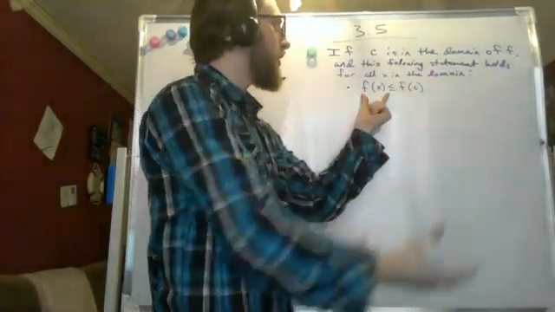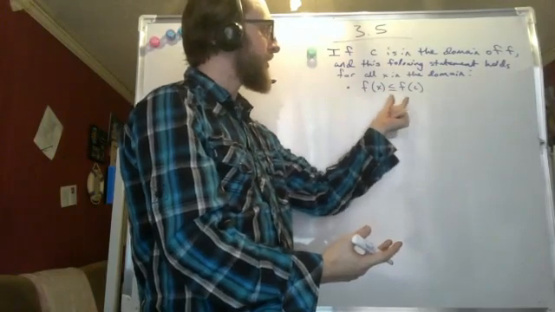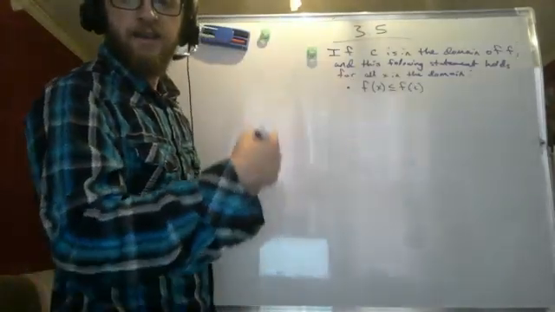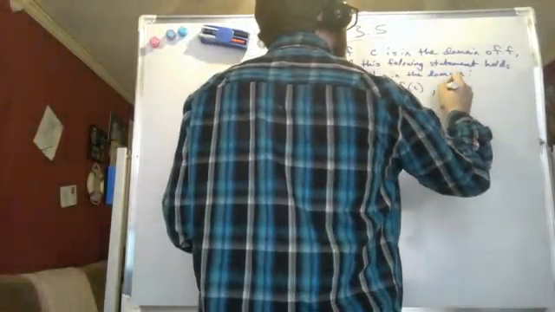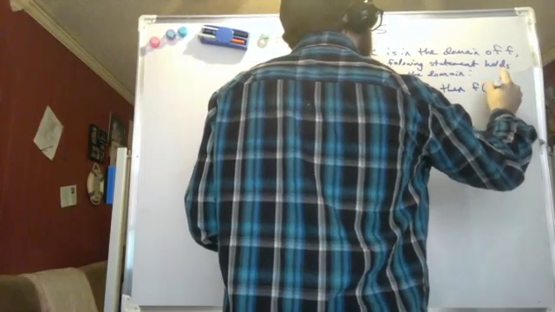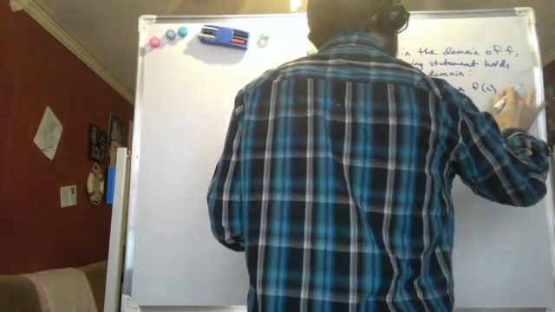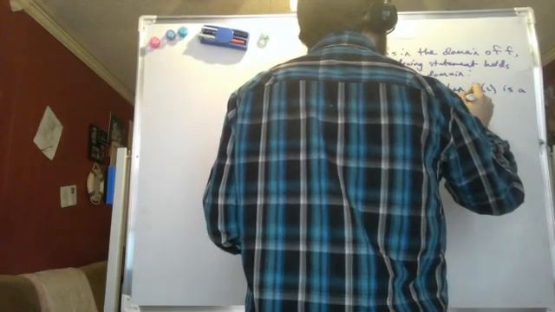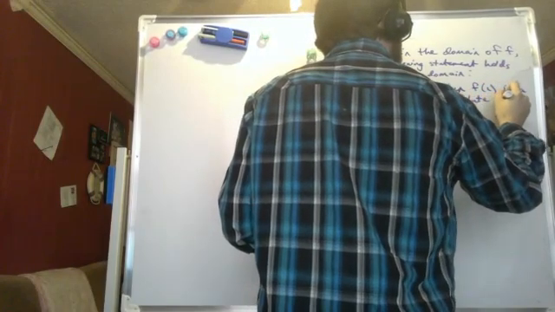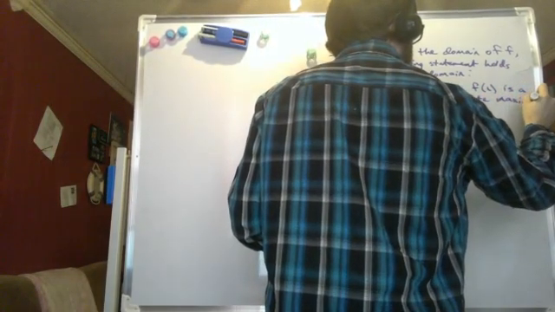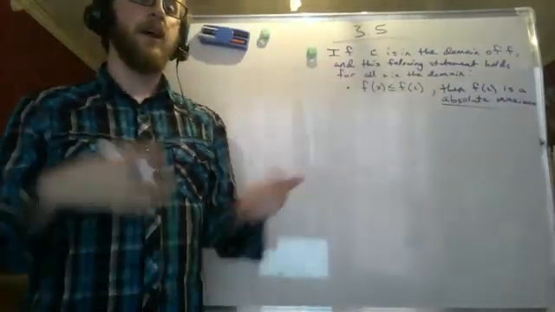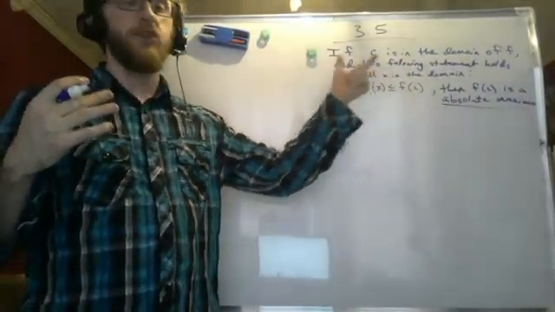If for all of the other x's in the domain, the f of x is less than or equal to the f of c, then we say that f of c is an absolute maximum. So in other words, we have this y value that is the biggest for the entire function. There's no other y values that are bigger, and so we call it the absolute maximum.